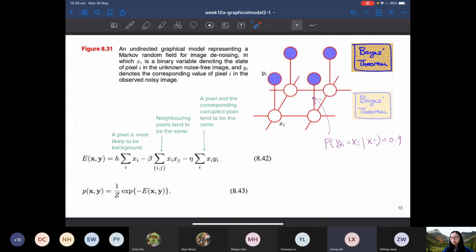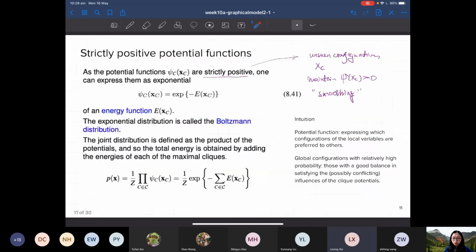So in this particular case, notice that this energy function is directly specified as this sum of energy functions in the term here. We're not spelling out each of the cliques.